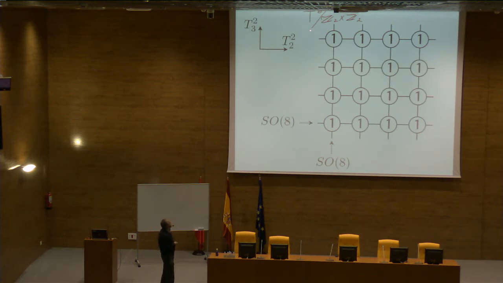So let's do a simple case. This is T⁶ modded by Z2 times Z2. So these are the two T² directions, which used to be C and C before, the complex planes. Before, the Z2 times Z2 had only one fixed point at the origin, a joint fixed point. But now each T² will have 4 fixed points. So you have 4 times 4, 16 fixed points.